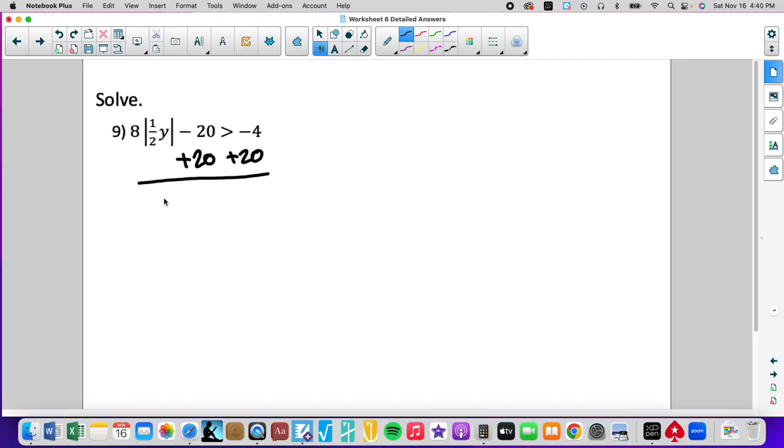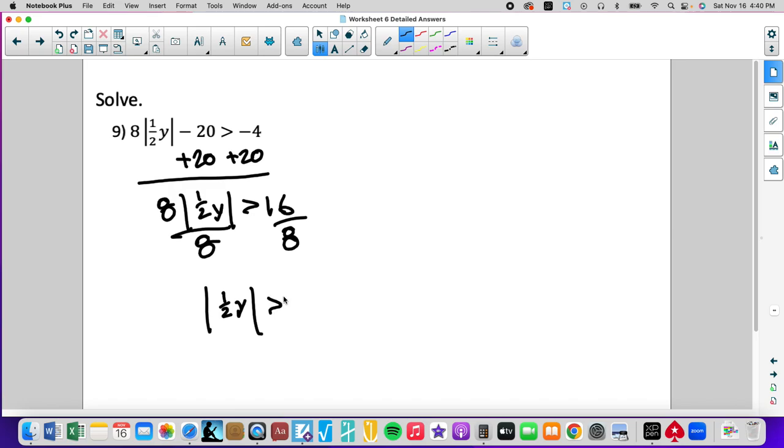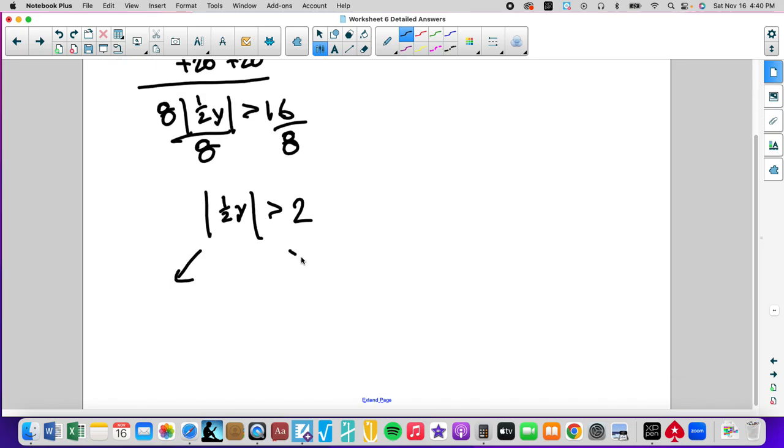So before we make any determination, the absolute value of 1/2 y is greater than 16. Let's divide by 8. The absolute value of 1/2 y is greater than 2. Now we write two statements, and this is an or statement because it's greater than 2, or 1/2 y is less than negative 2.